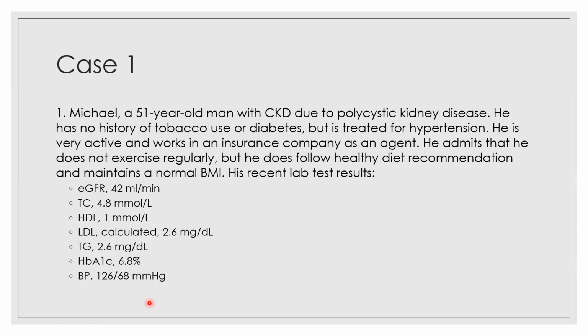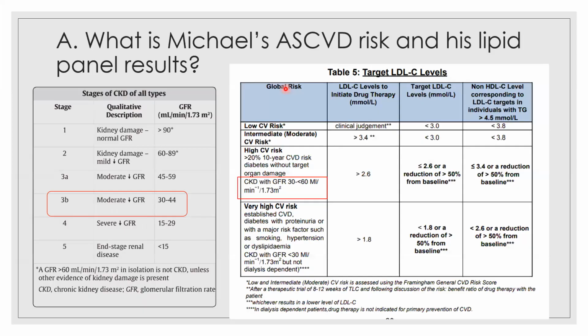Okay, BP 126/68. So it's still okay, there's no hypertension. All right, so what is Michael's ASCVD risk? What is ASCVD? Atherosclerotic cardiovascular disease risk and his lipid panel results.